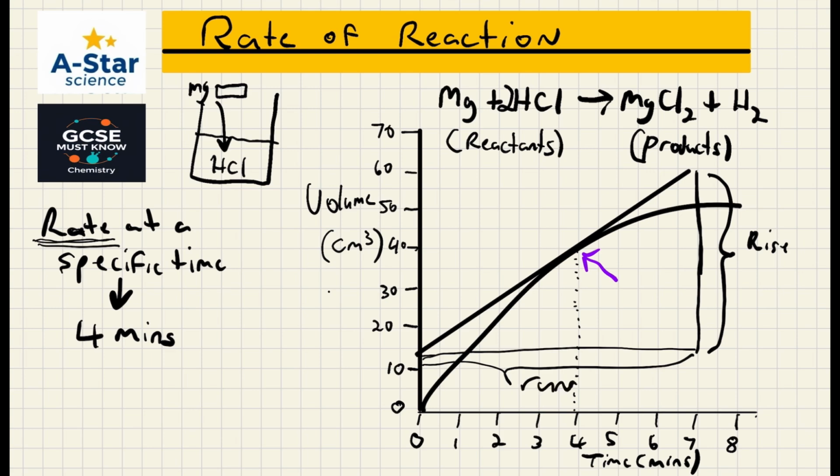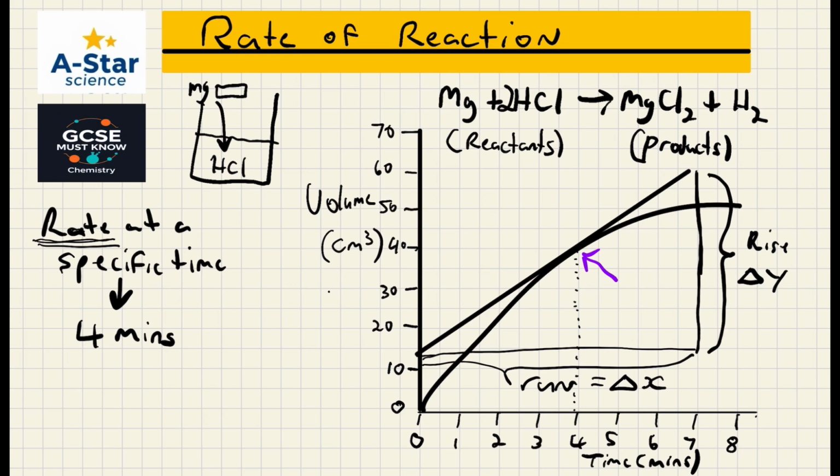The rise over the run. In other words, the change in y over the change in x. And that would allow you to find the gradient at that particular point. So let's see how we can determine that on this graph approximately.